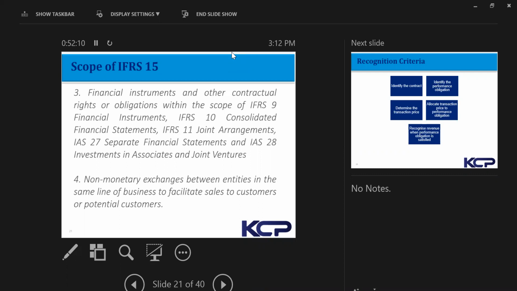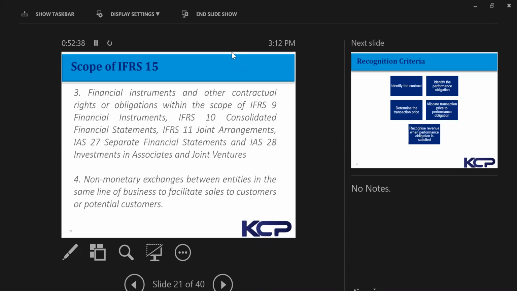Then the fourth one, non-monetary exchange between entities in the same line of business to facilitate sales to customers or potential customers. Because there will be a problem if it is non-monetary. It means a barter system. How do you determine the fair prices? However, I gave you some conditions.